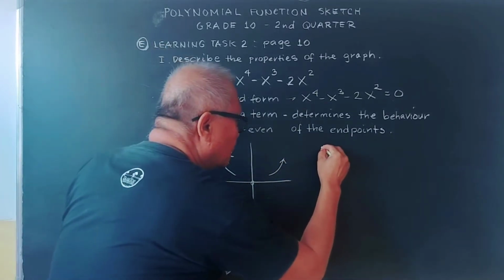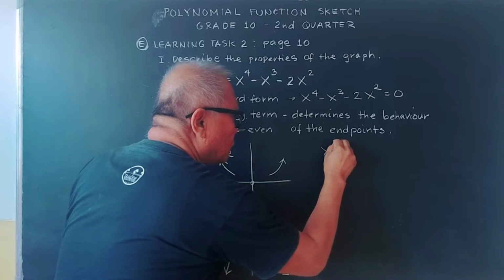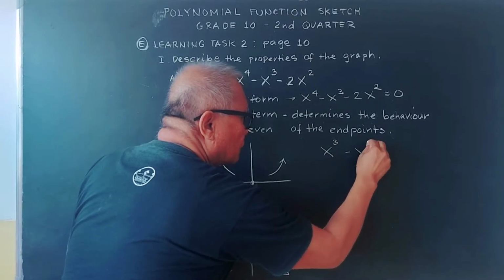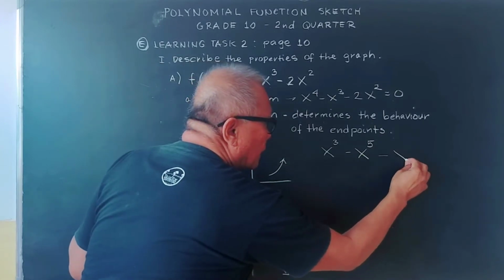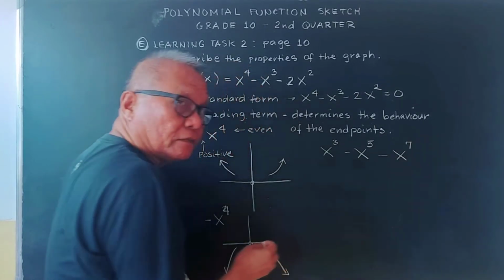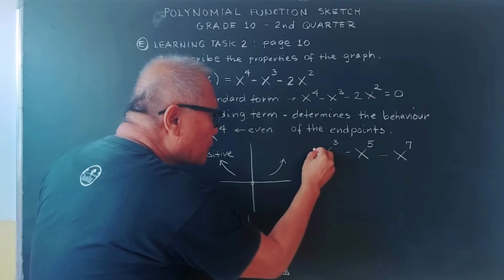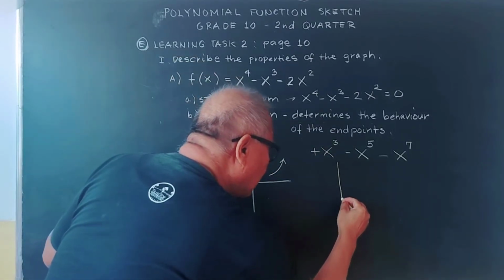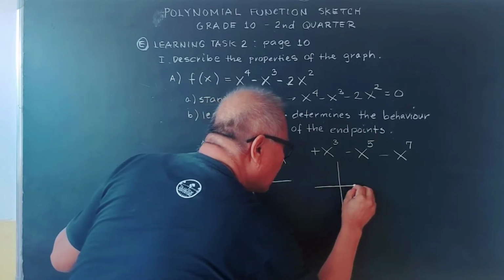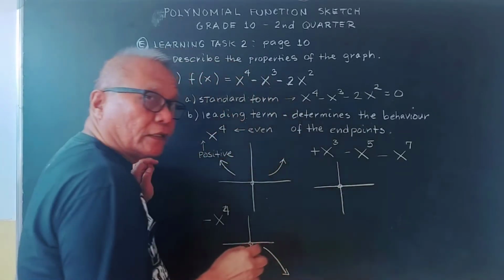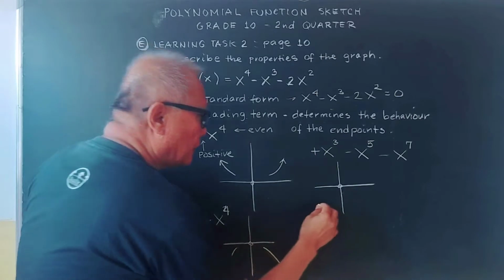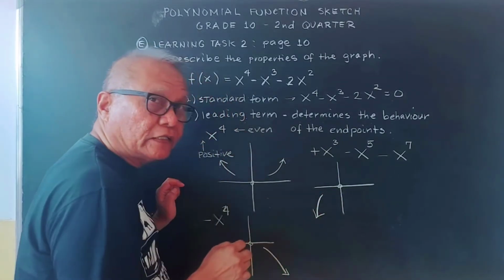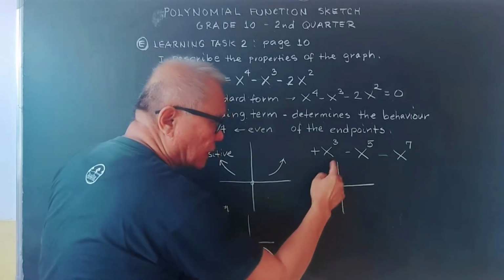Say x cubed. So if you have x cubed, x to the fifth, x to the seventh, and this one is positive, then the end behavior will be in the third quadrant. It is falling, coming from below, going up.